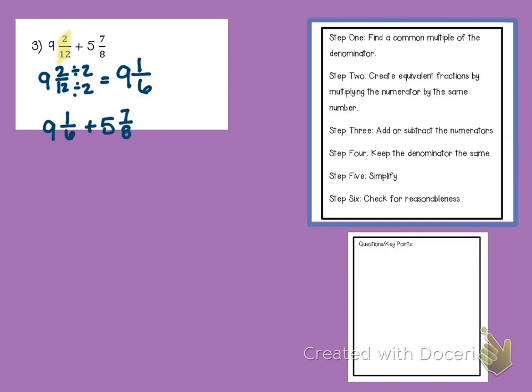And so now looking at these, I can see that 48 is a multiple of 6 and 8. Just thinking about 6 times 1, 6 times 2, 6 times 3, and the same with 8. Thinking what number do they share? And they share 48. So I'm going to take my 9 plus 5, and I'm going to put them over here. And that's going to give me 14. That's my whole number.